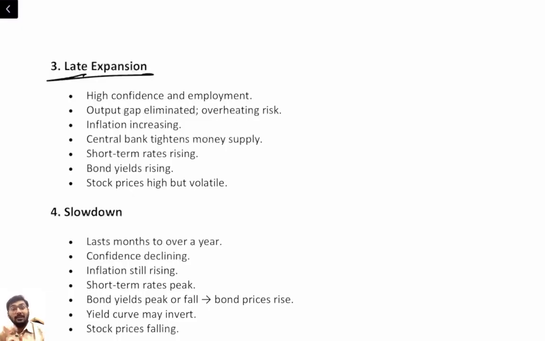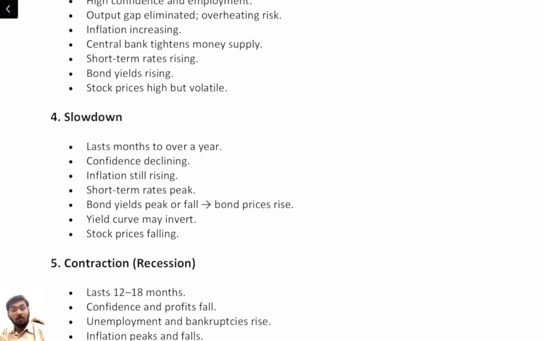Short term rates still rising, bond yields rising, stock prices are high, but now it's volatile because you see inflation is coming. Now the slowdown is coming. This will last a few months or sometimes more than a year. Confidence started declining, inflation still rising, short term rates are at the peak. Now no one will borrow. When no one borrows, no production, recession.